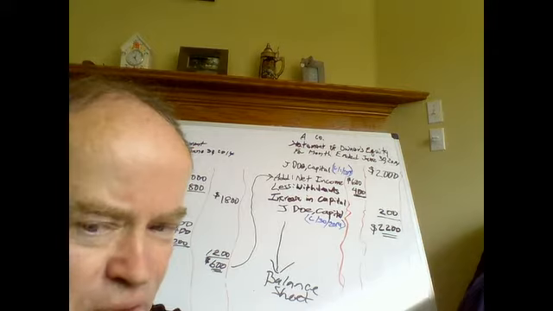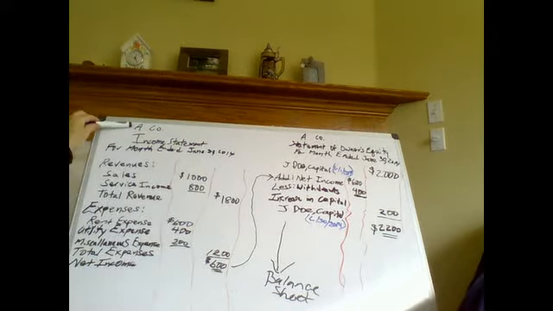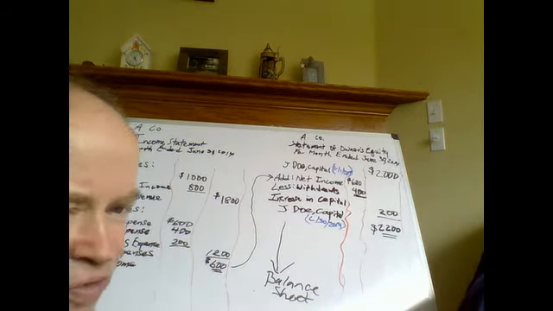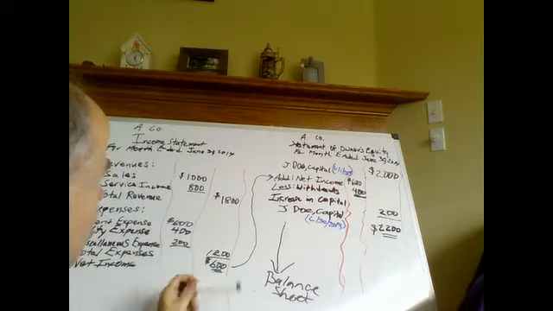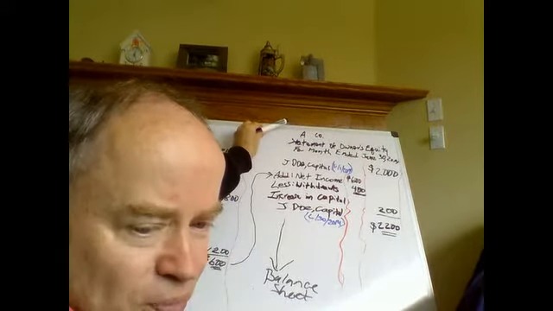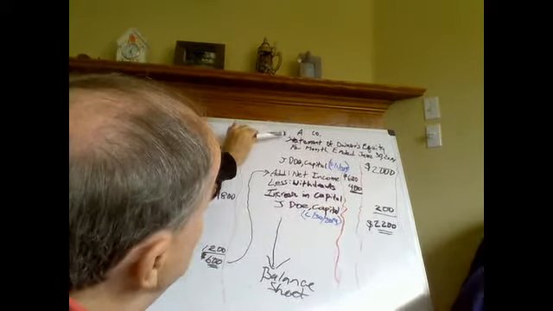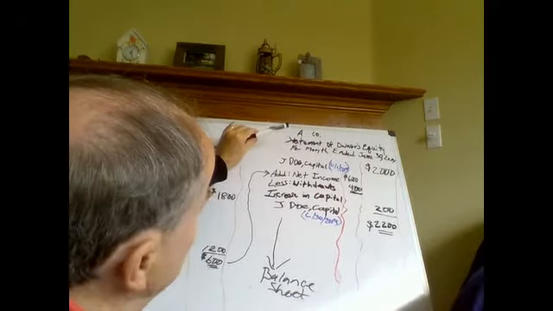So key things to remember: name of the company, name of the statement, the period of time. We need to group things on the income statement for appearance purposes. So revenue, expenses, the difference is our income or loss. Same thing for the statement of owner's equity: name of the company, name of the statement, the period of time covered.